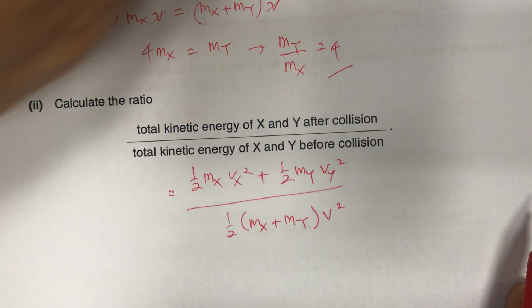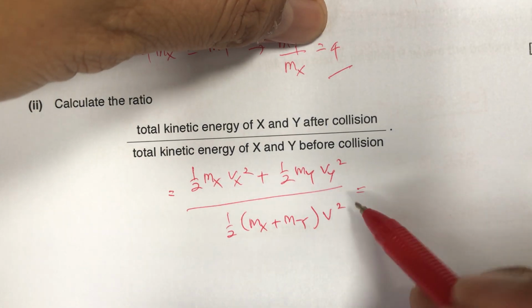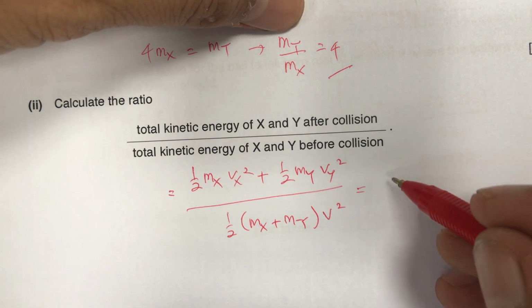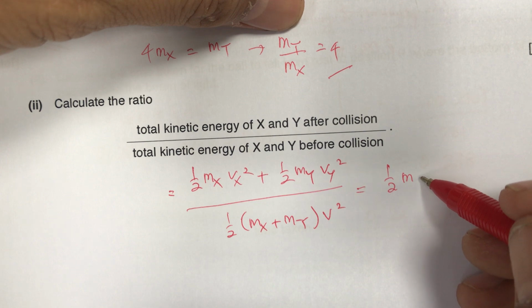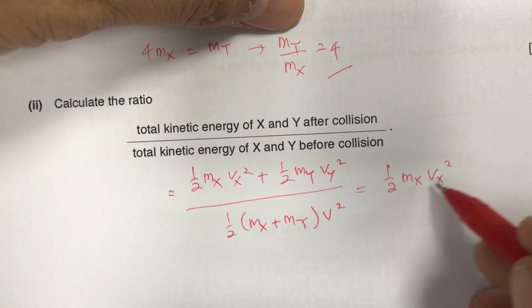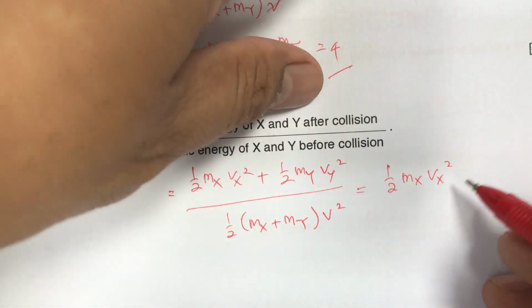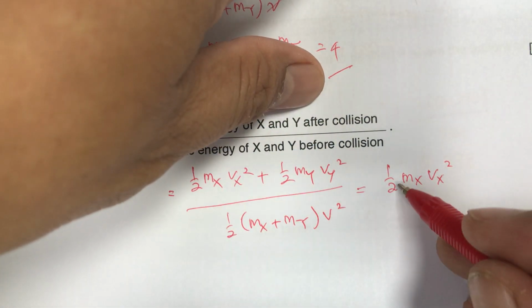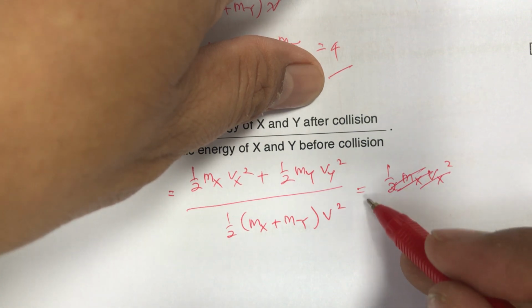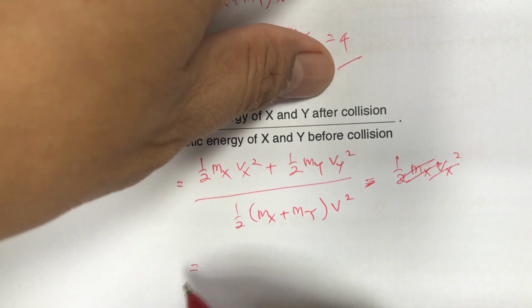Sorry, because there is no movement for vy, it's only a half mx vx squared, and vx is 5v.